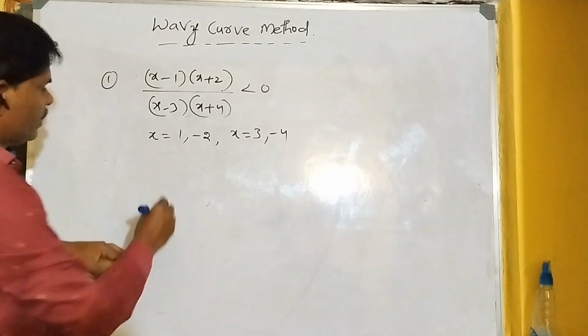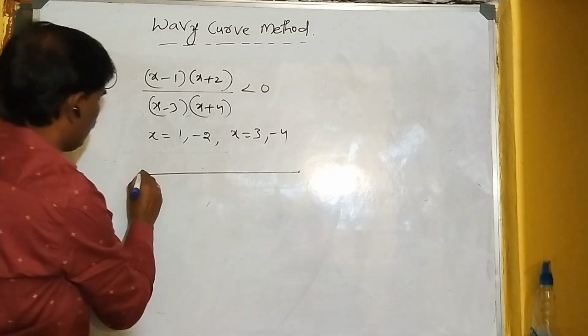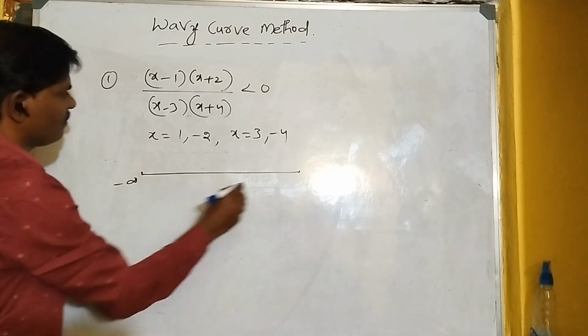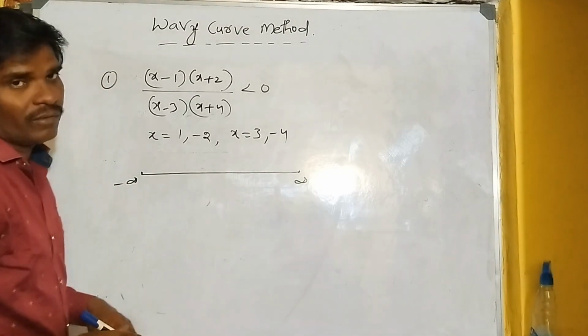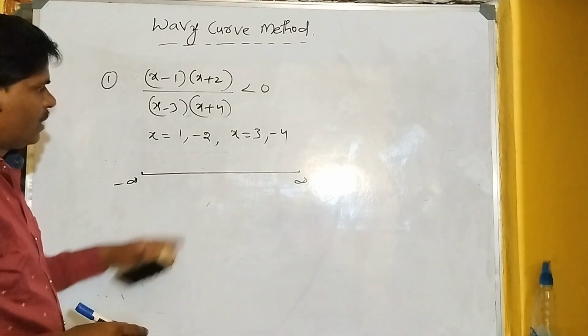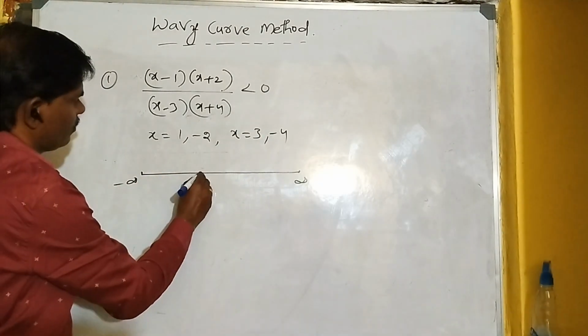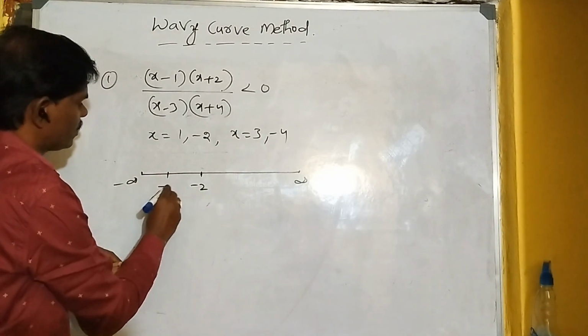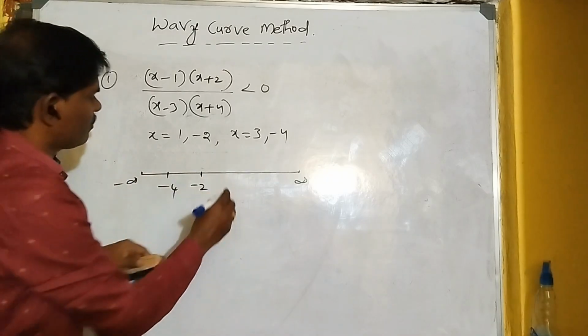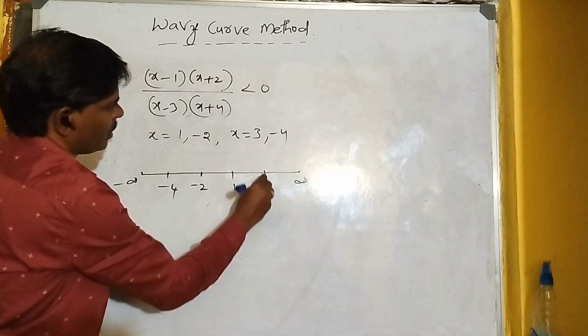Okay, all are right. Number line: this is the minus infinity, this is the plus infinity. In this case minus 2 is the least value, minus 4 also least value. Next highest value equal to 1, next highest value equal to 3.